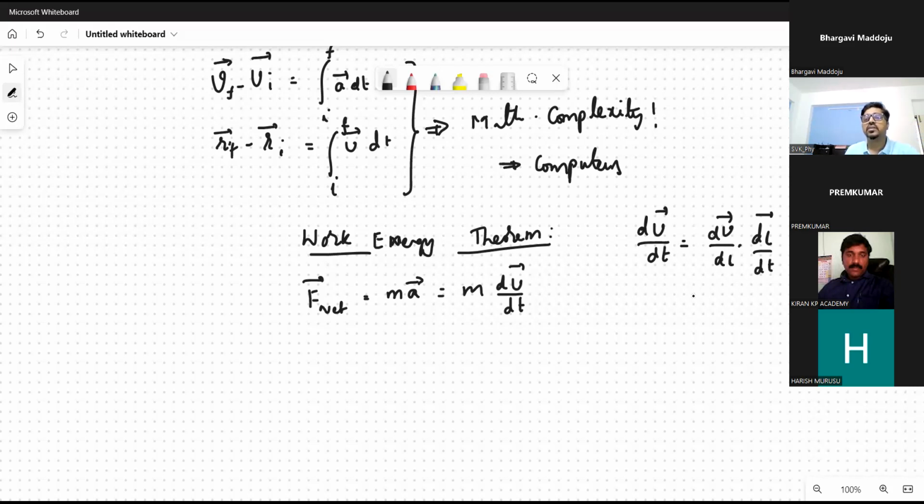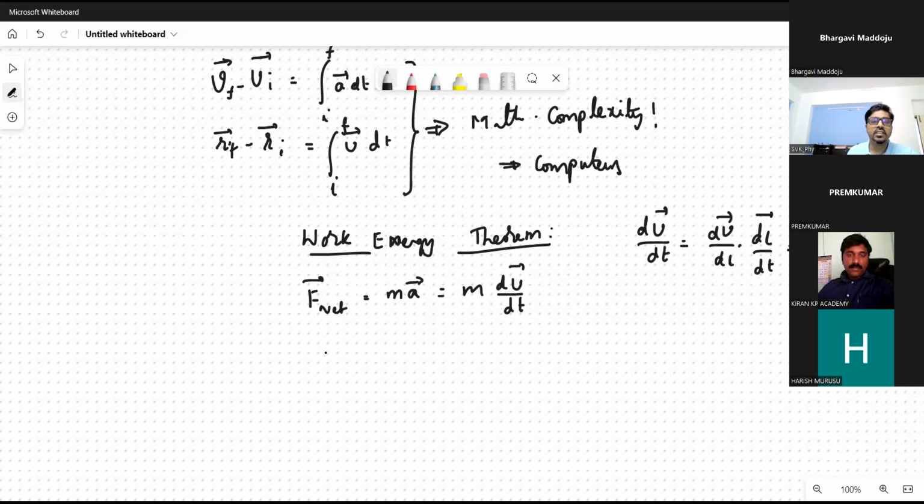Okay. So if I write that, this becomes dv bar by dl into dot product. dl bar by dt is nothing but velocity. So I think you know it anyway.